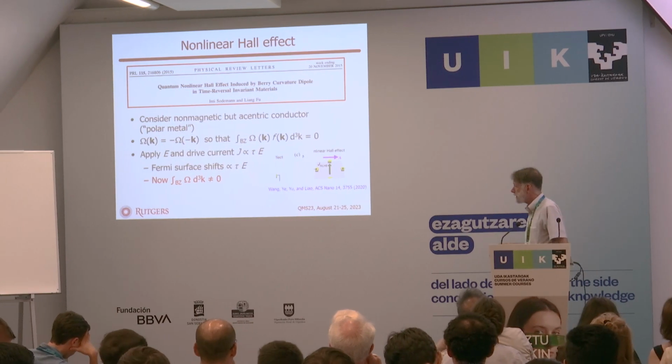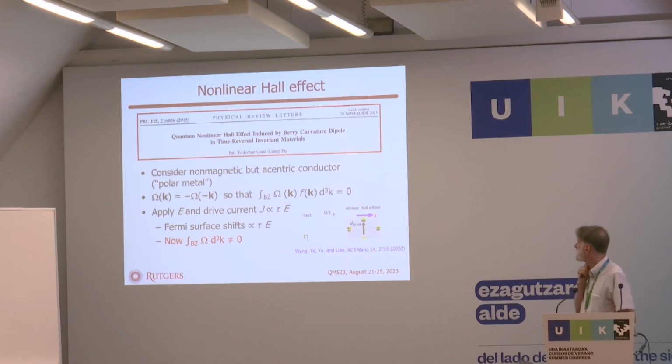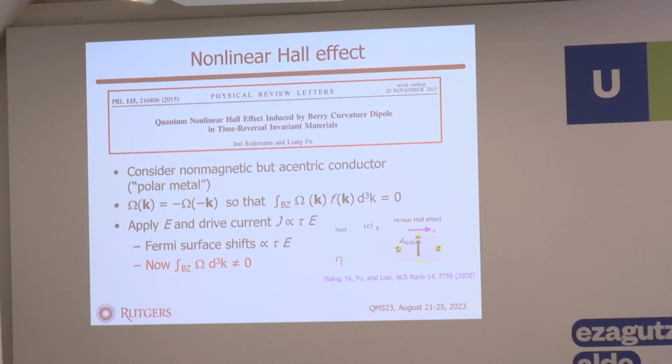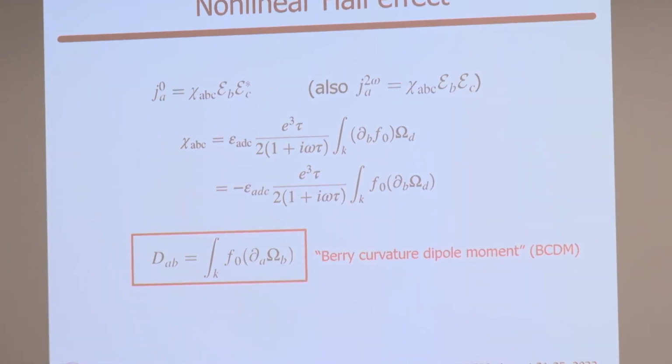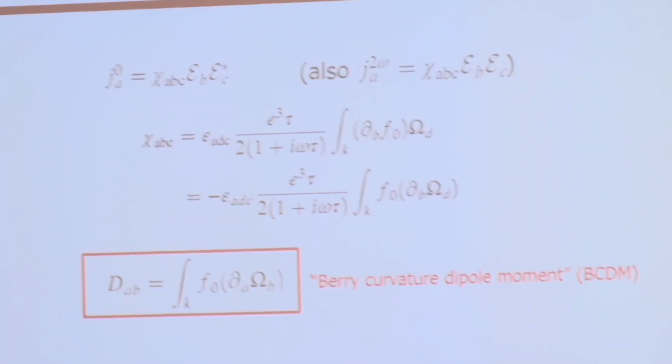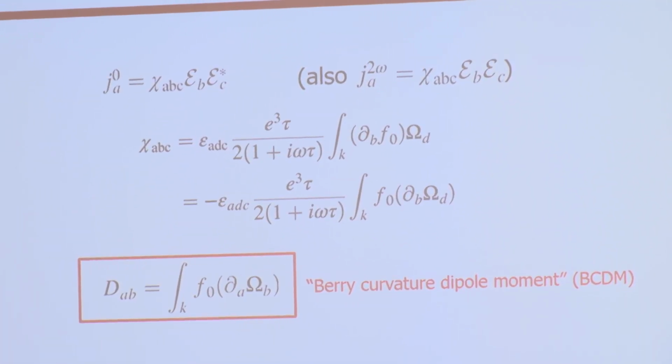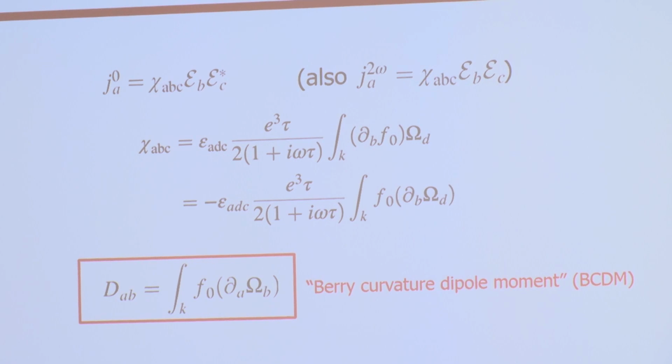The theory of this was famously worked out by Sodemann and Fu in 2015, and actually they did a proper time-dependent derivation of this. So you imagine that the electric field is applied at frequency omega, both of the electric fields, in my language both the one that was displacing the Fermi surface and the one that was creating the anomalous Hall conductivity, are applied at frequency omega.